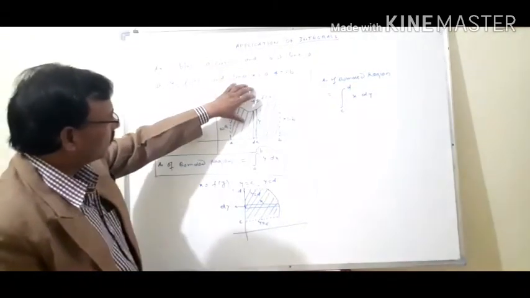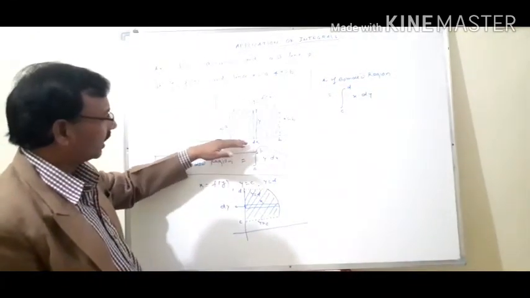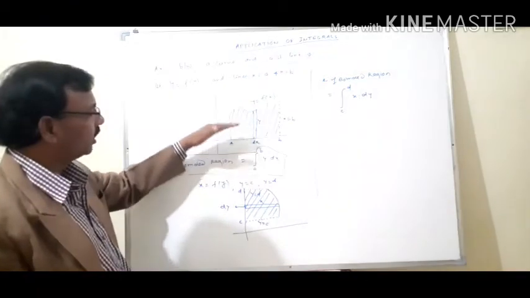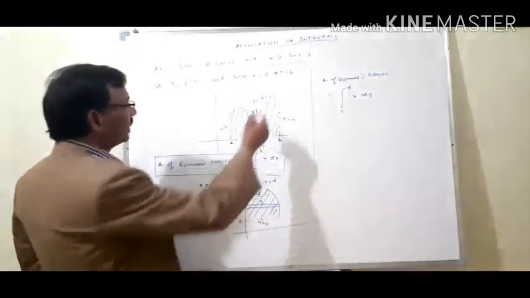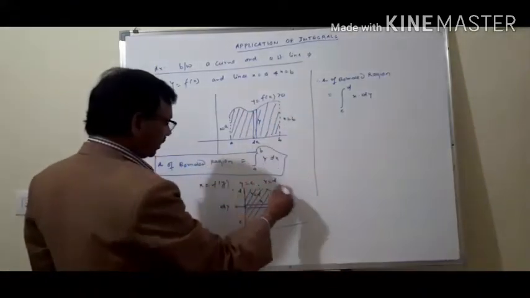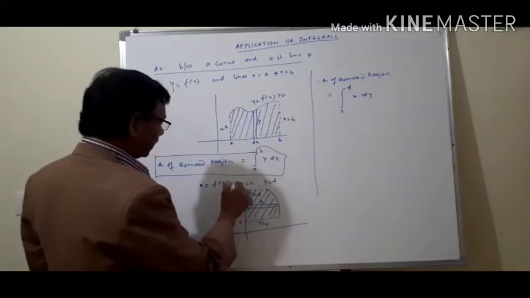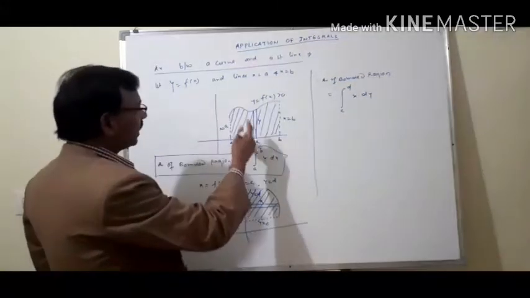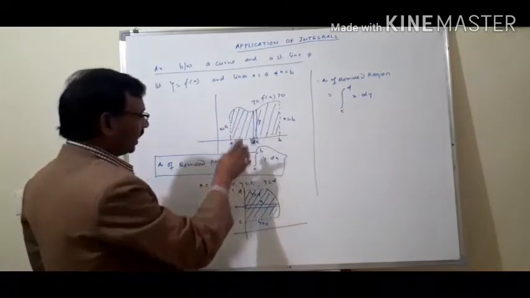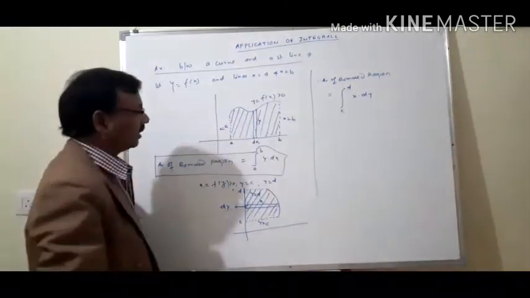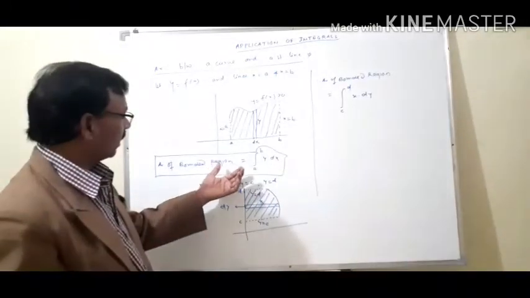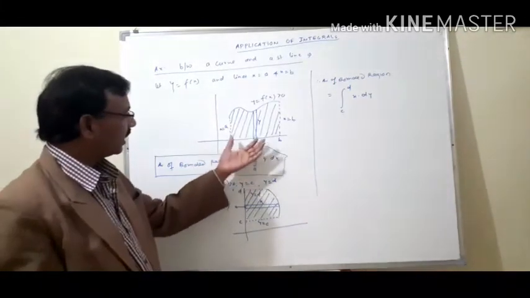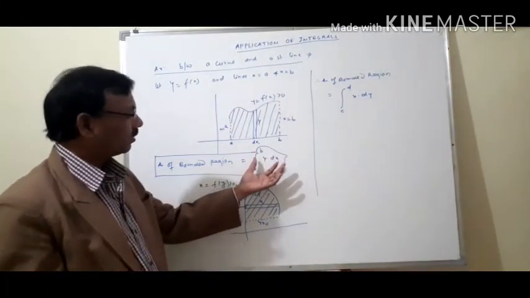Now, in both situations, the curve may be in the negative direction of the x-axis, that means below the x-axis. In this situation, this is greater than 0. In this situation, this is also greater than 0. But if the curve is below the x-axis, then this will be less than 0, and we can find the area with the same formula, but the area will be calculated as negative.